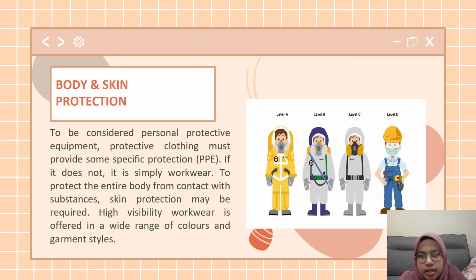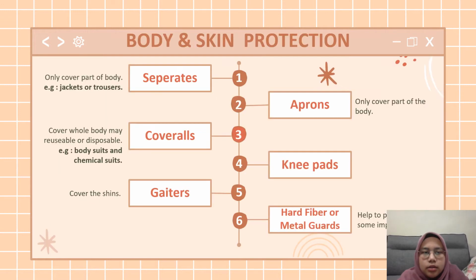Here are some types of PPE that are specific, suitable for certain hazards. The types of body and skin protection: the first one is separates, which only cover part of the body, such as jacket and trousers.